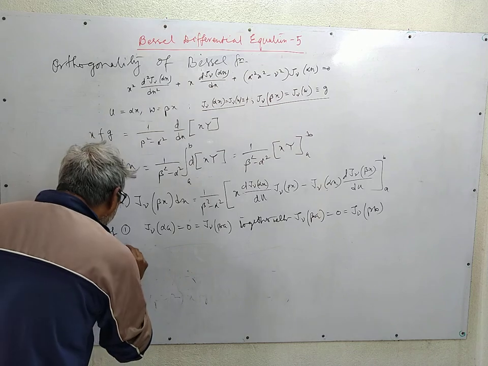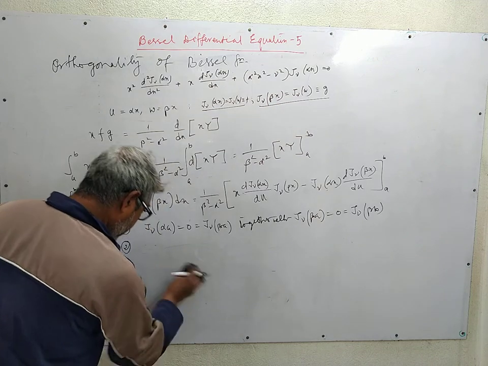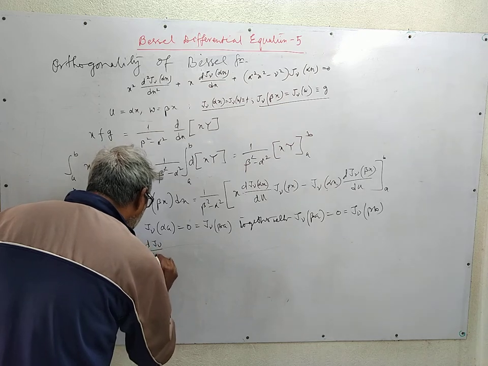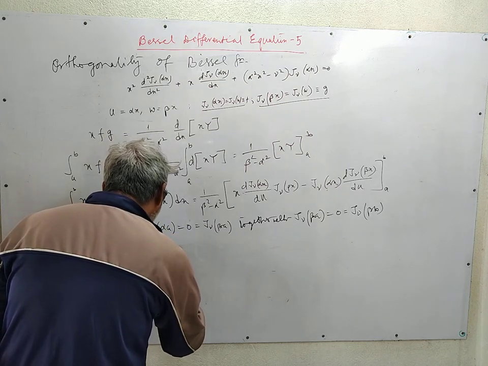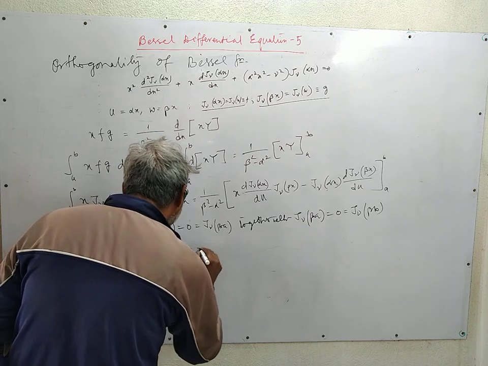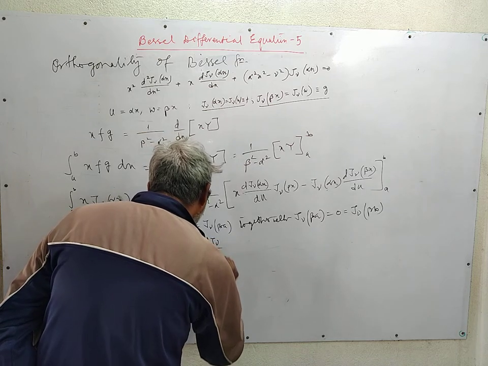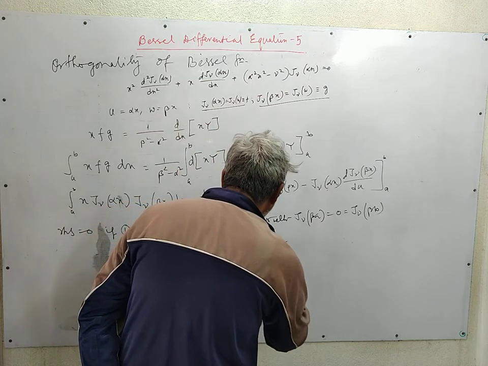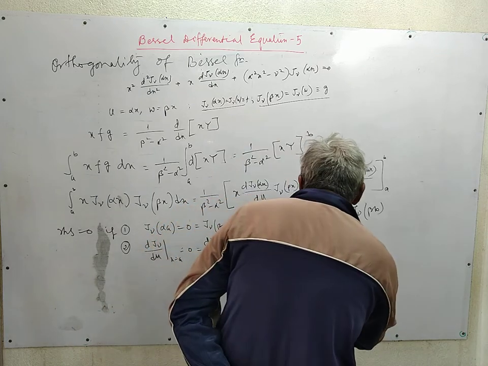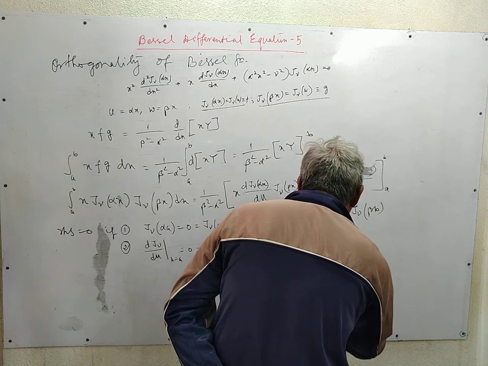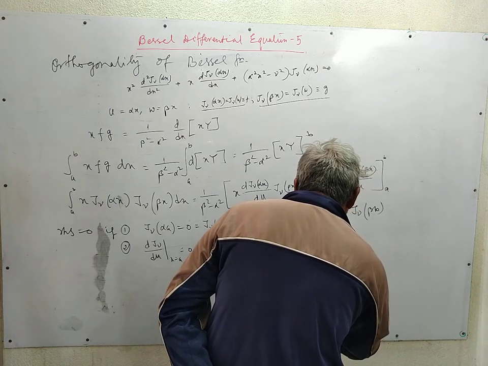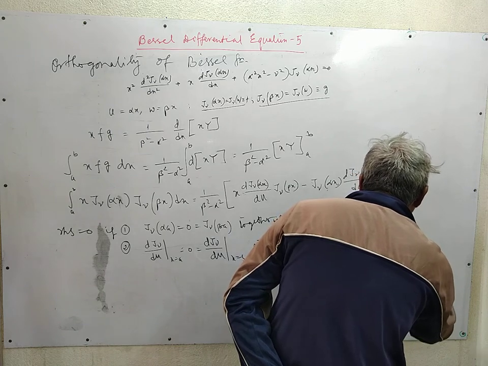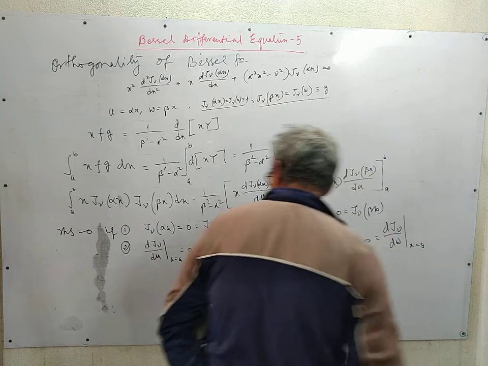Or the second alternative is dJ nu du at x is equal to a is equal to 0 is equal to dJ nu du at x is equal to b, together with dJ nu dw at x is equal to a is equal to 0 is equal to dJ nu dw at x is equal to b, or any other.